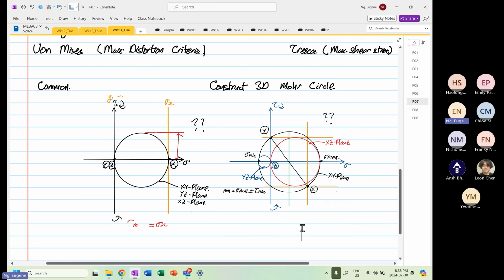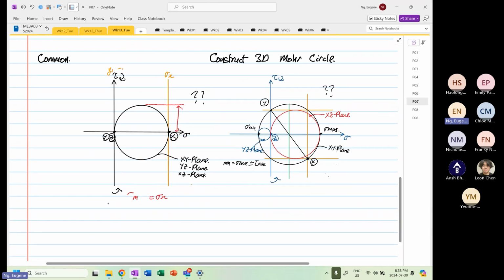The one on the left hand side, we call it stress max is not equal to 0, stress mean is equal to 0. On the right hand side, stress max and stress mean are not equal to 0.